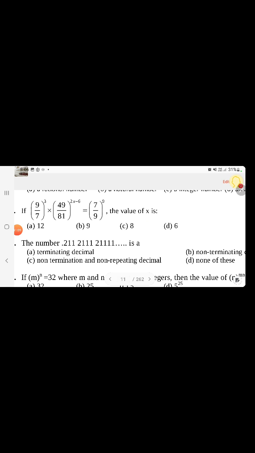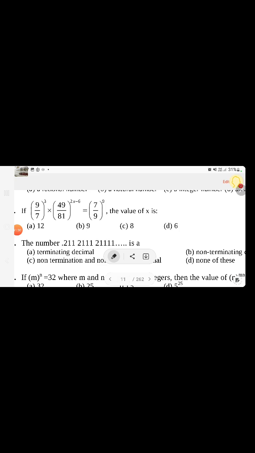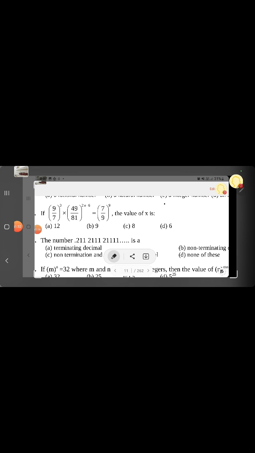In the RHS we have (7/9)^9, so we have to convert the LHS into the same form so that we can compare the powers. Keep (9/7)^3 as it is, and 49/81 is nothing but 7 squared over 9 squared, so this is (7/9)^2.